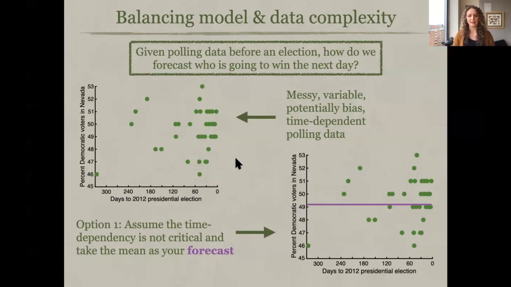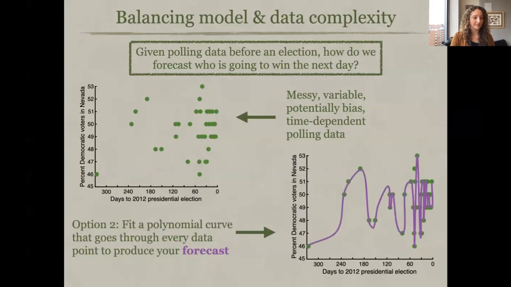I think these polls are just snapshots of people's opinions, and what's going on externally doesn't impact it. So you could just take the mean or a weighted mean of the polls, come up with a static forecast, and take that mean as your forecast for the next day. That's one option for building a model based on this data.